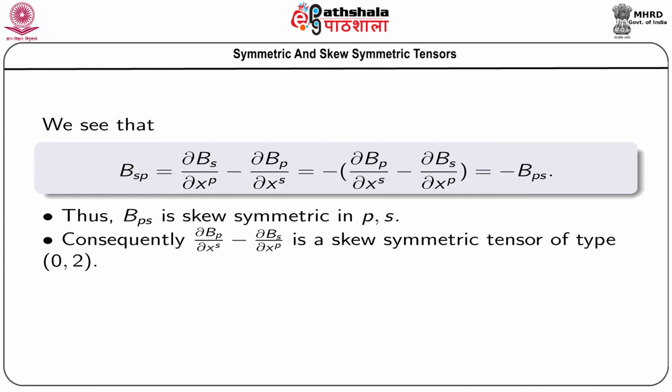Thus, del B_p / del x_s minus del B_s / del x_p is a skew symmetric tensor of type 0 2.